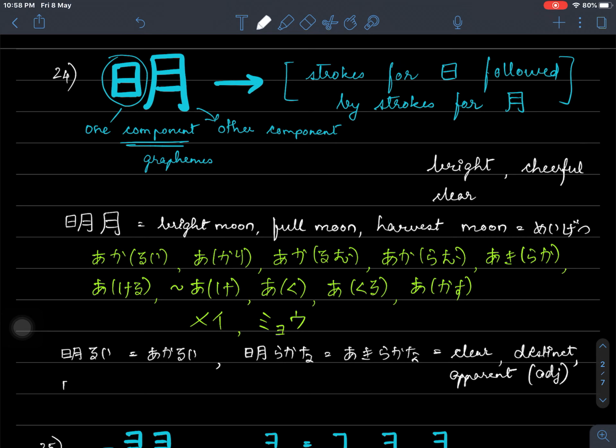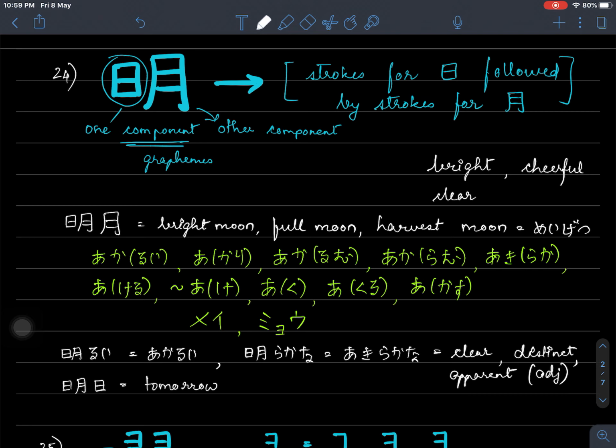Now this is an interesting kind of kanji. This is not a bright day. This means tomorrow. Unfortunately, I cannot give you a very good way of memorizing this. I had to memorize it the hard way.